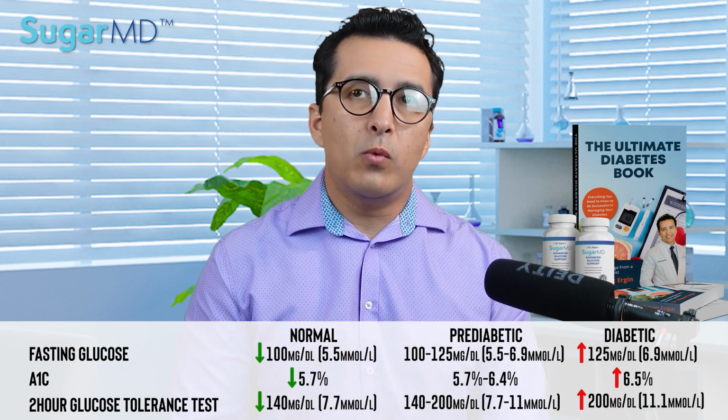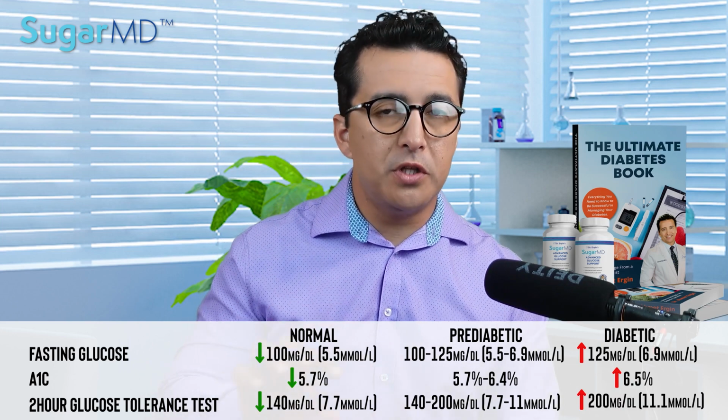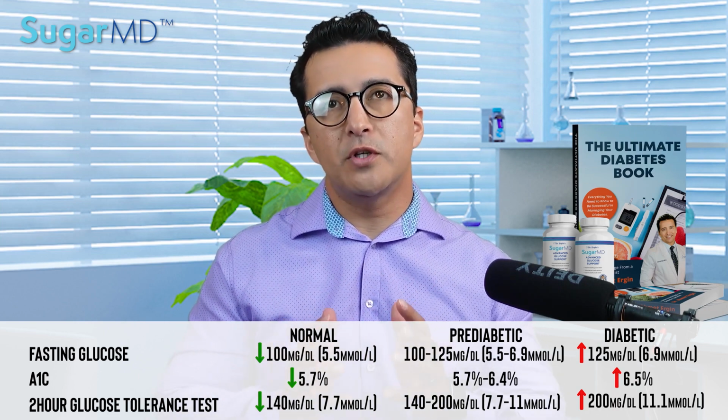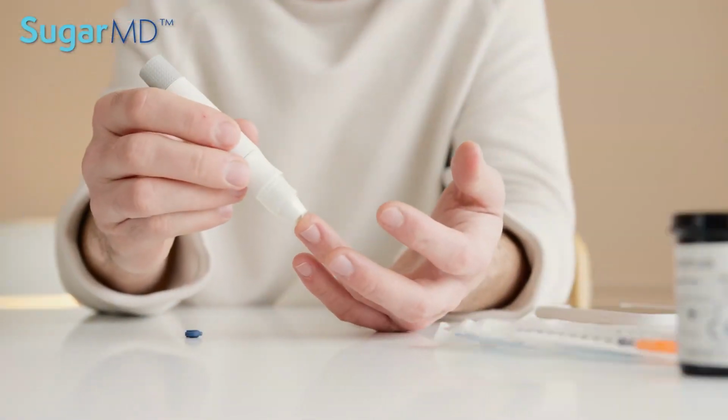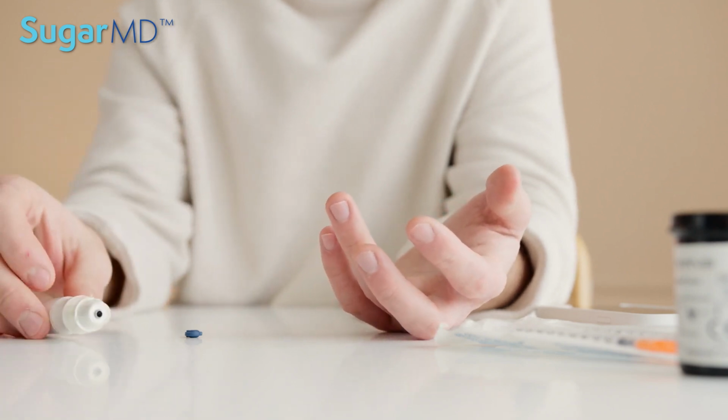Another thing that we don't necessarily put in this criteria system is the episodic reading. If for any reason you had blood drawn, or you used somebody else's meter and found that your blood sugar is more than 200, that is very suspicious.